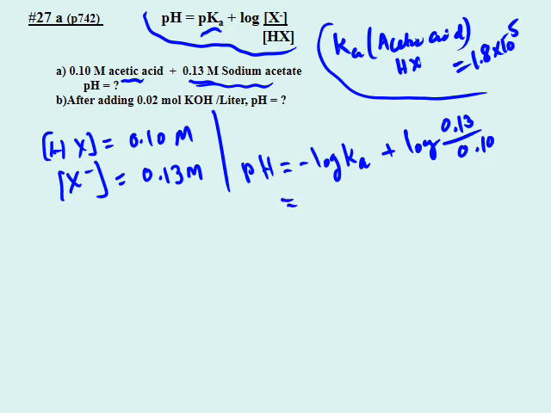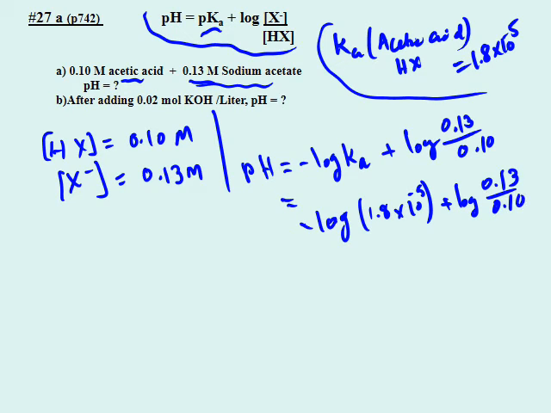And this is minus log of 1.8 times 10 to the negative 5 plus log of 0.13 over 0.10.